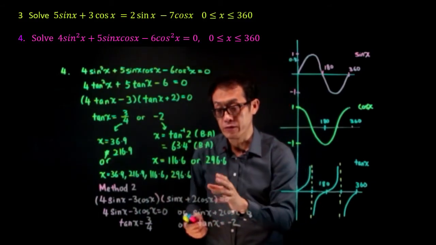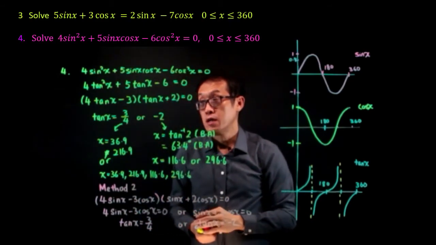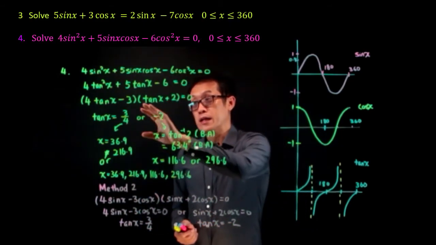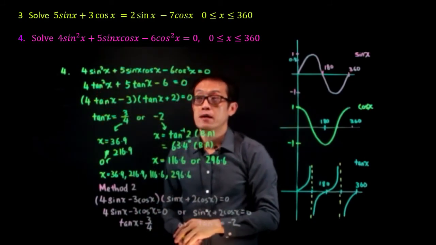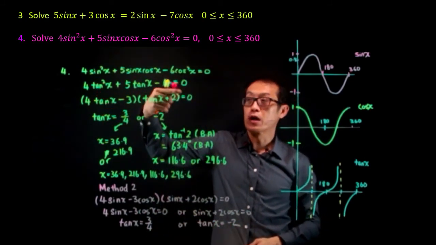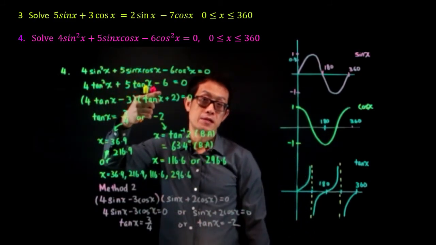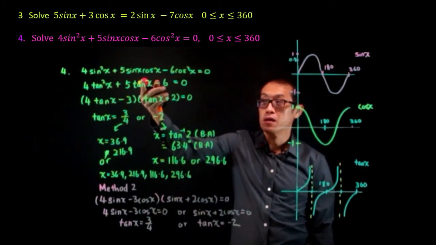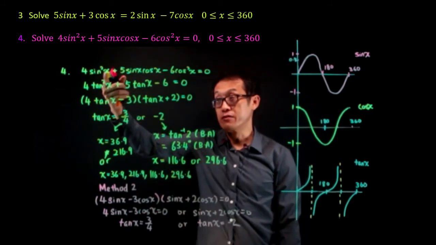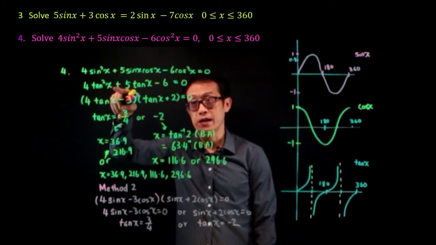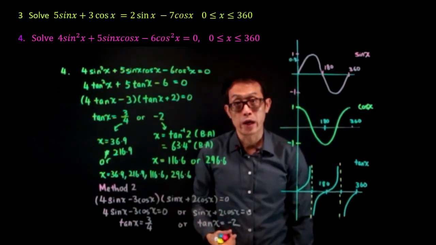In that case, dividing by cos squared would be better, all right. So if you can't factorize, you can just divide by cos squared, then you get the expression like that. Then you can use the quadratic formula, or you can solve it by completing the square.